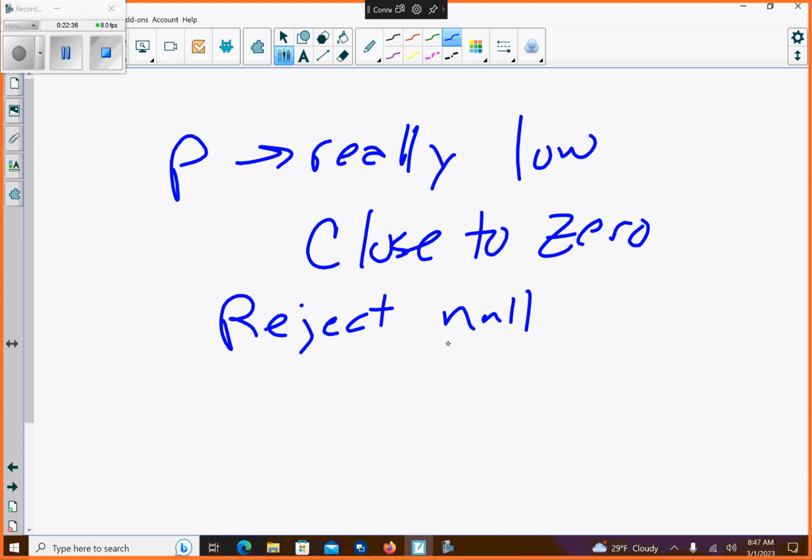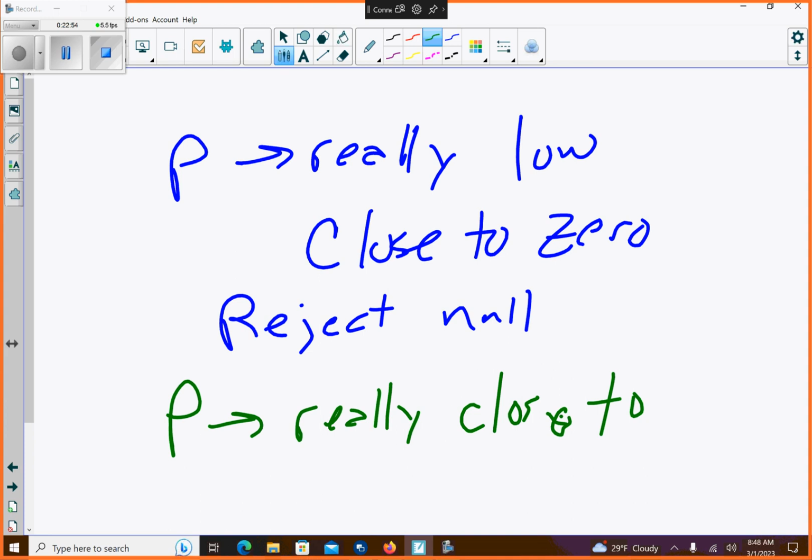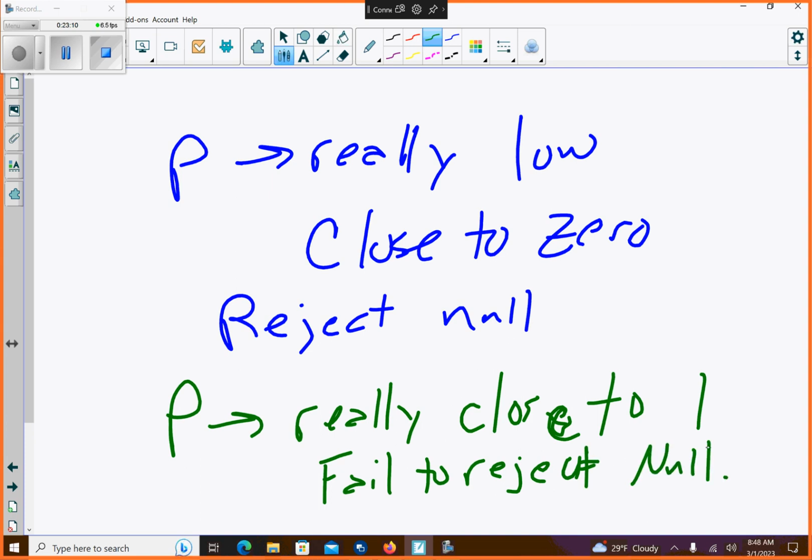So if I have a really low p-value, I'm testing my alternative to get this p-value. If our p-value is really high, then we fail to reject the null.